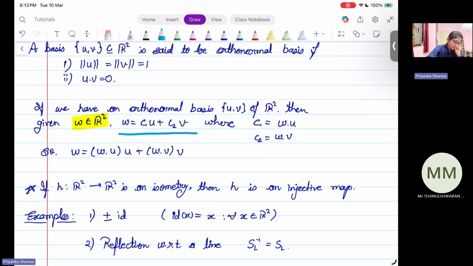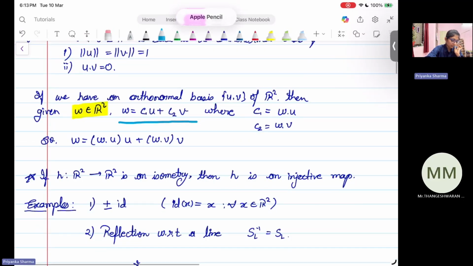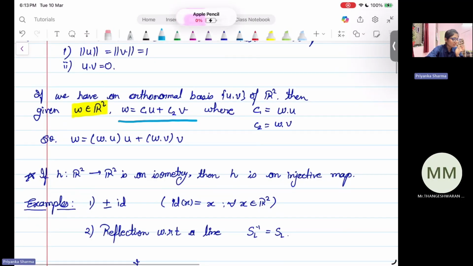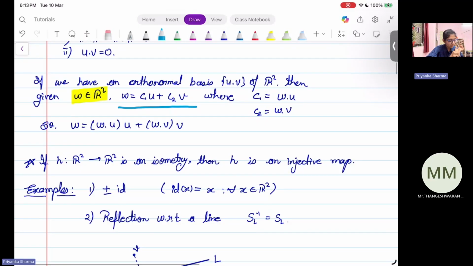Here, C1 will be omega dot U and C2 will be omega dot V. So if we substitute these values, then we can find the form of omega, which is omega dot U into U plus omega dot V into V.